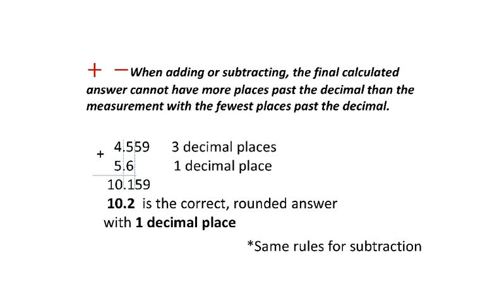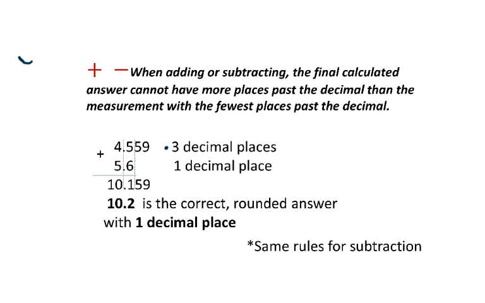the places. So the first number here, 4.559, has 4 sig figs total, but it only has 3 decimal places. And 5.6 has 2 total, but only 1 place after the decimal. And so when we add them up, we get 10.159, but we want only 1 place after the decimal.